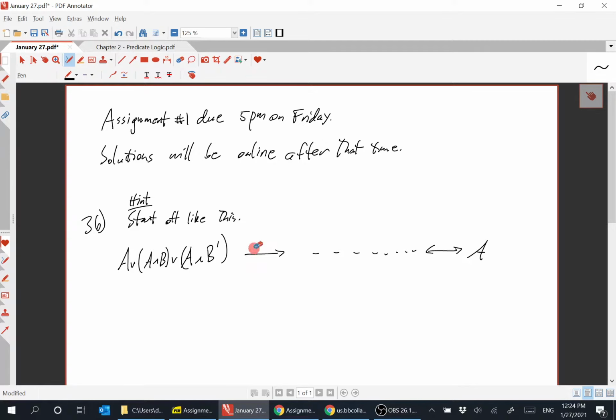All right, so start off with distribution. Well, start off with association. Before you do distribution, it might be a good idea to do association. Associate the two if you need to.